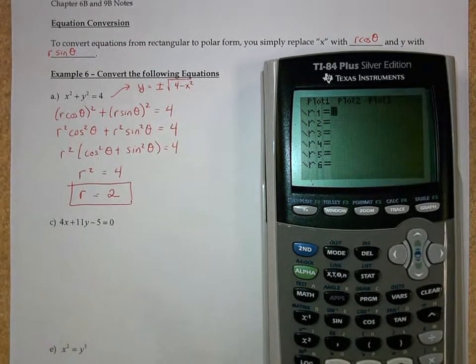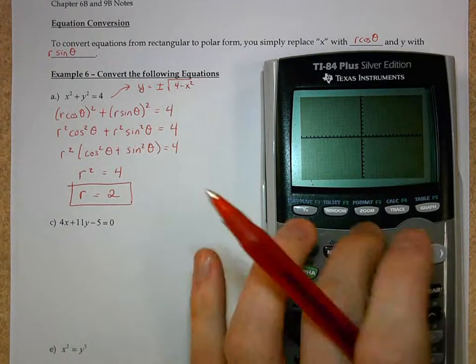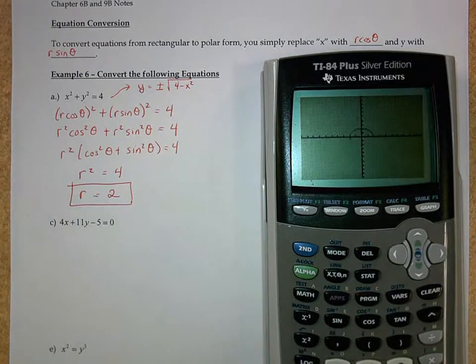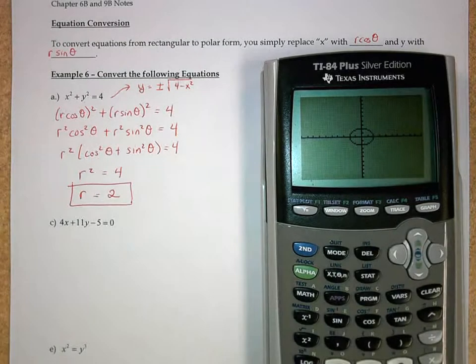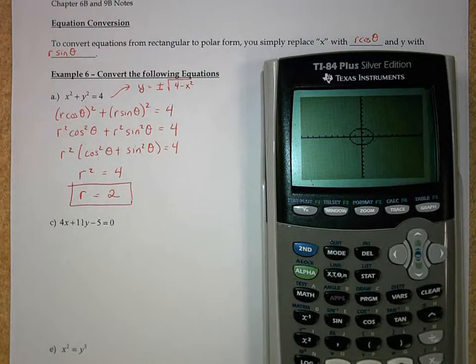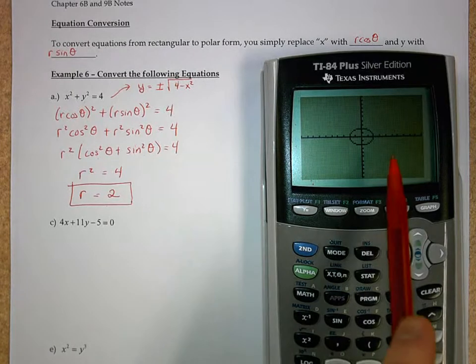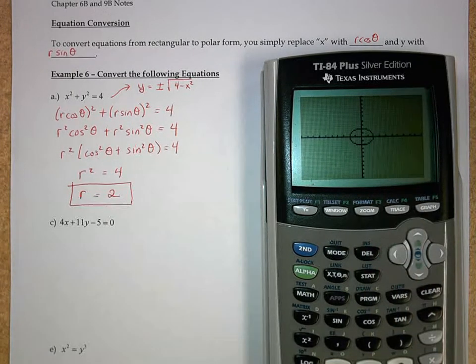So I can plug in r equals 2. Let me go back to my standard view for that. And there is my circle that I would get in polar coordinates with a radius of 2. Once again, you can see that that picture is slightly oblong because the x tick marks are further apart than the y tick marks when I look at the screen.